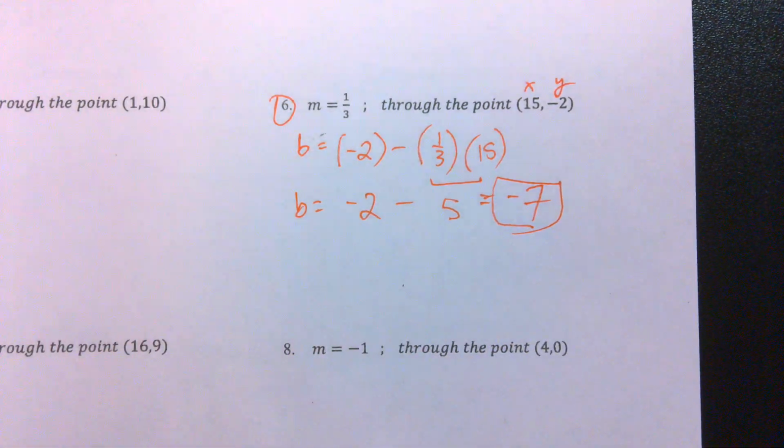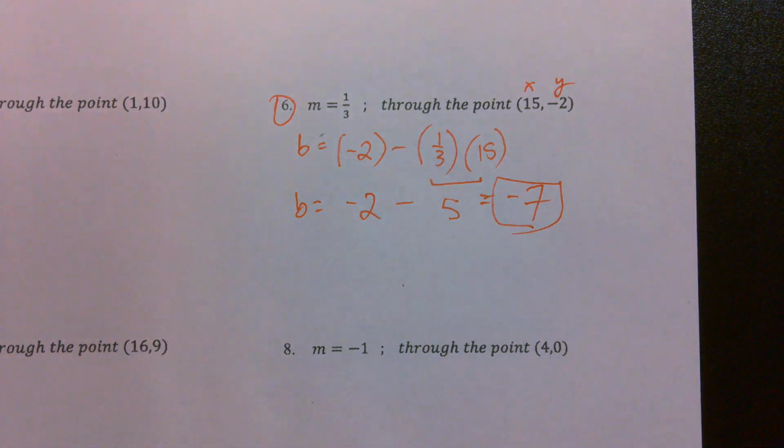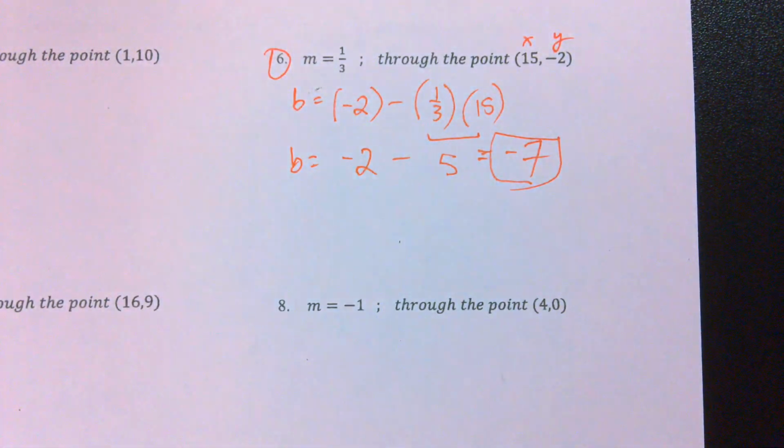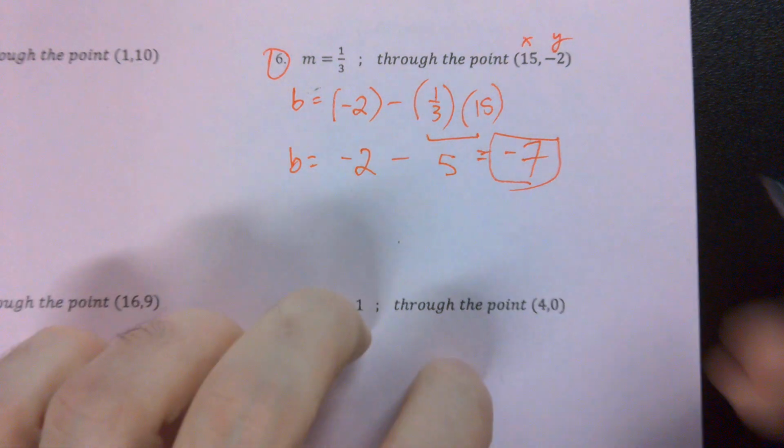It's probably annoying hearing that from me now, but we got to keep thinking of it like that. Because when you're out of middle school, out of high school, living in the real world, that's going to be what sticks, is knowing how much you're spending. So b's negative 7.